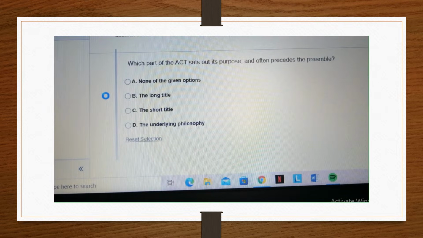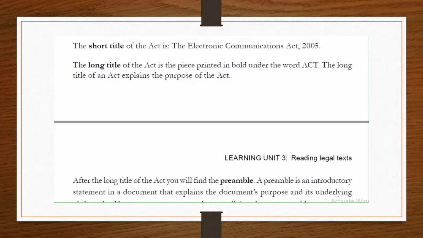Third question, which part of the Act sets out its purpose and often precedes the preamble? My answer is B, the long title, which is on page 45 of our study guide. Okay, that is supposed to be page 44, not 45. It says the long title of the Act is a piece printed in bold under the word Act. The long title of an act explains the purpose of the act.